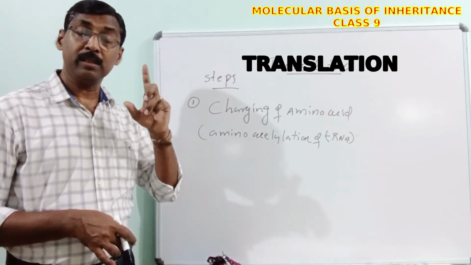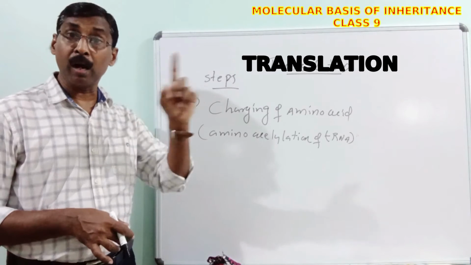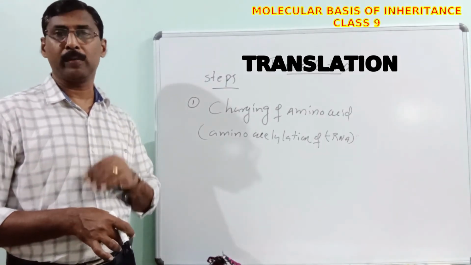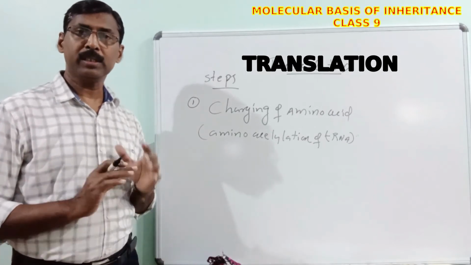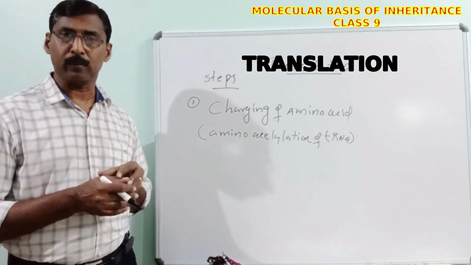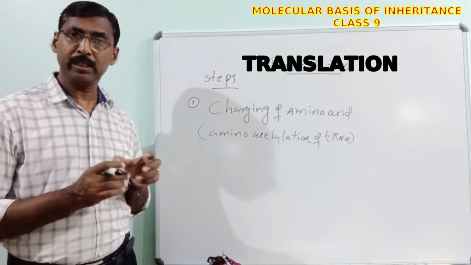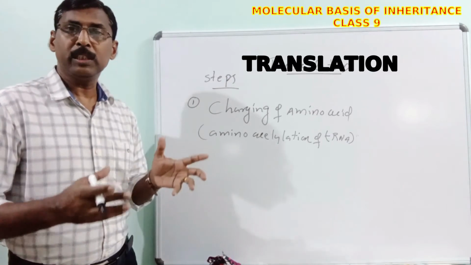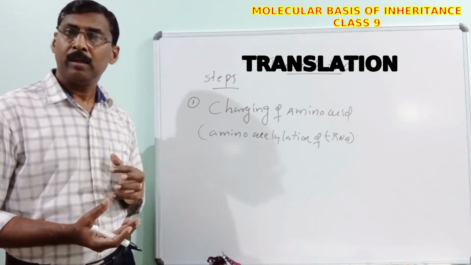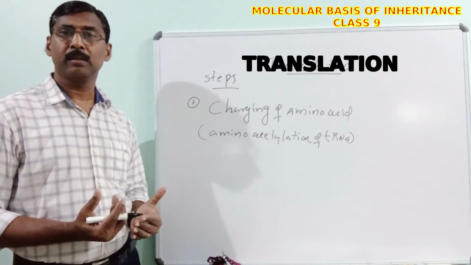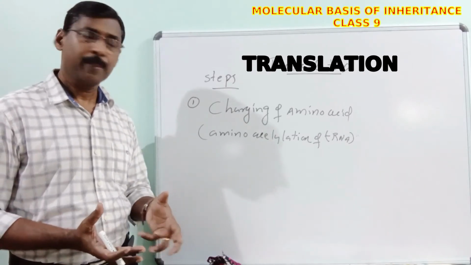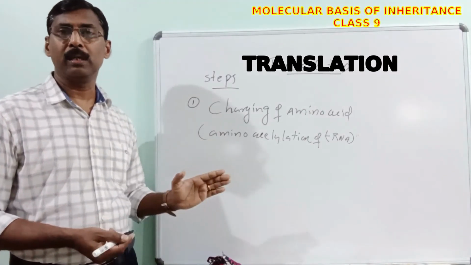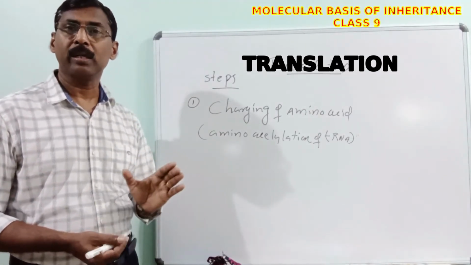So for combining an amino acid with the transfer RNA, at the amino acid acceptor arm of the transfer RNA, energy is required, and this energy is provided by the ATP molecule. So the amino acid combines with the ATP molecule, energy is provided, and these charged amino acids can combine with the transfer RNA with the help of amino acyl transfer RNA synthetase.